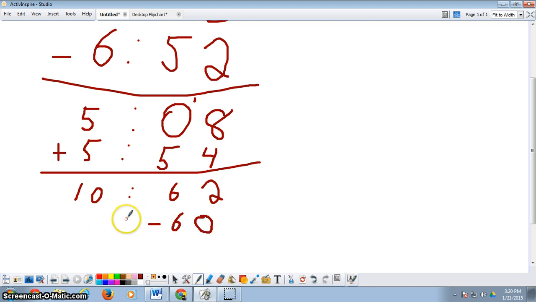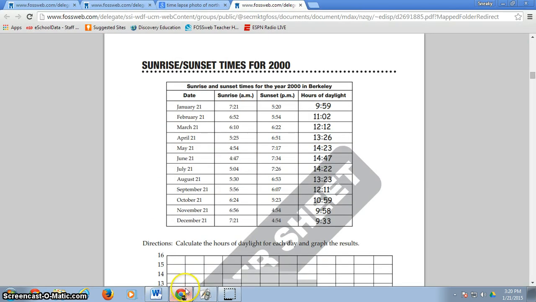If we're going to subtract an hour from the minute side, then we need to add that hour back to the hour side. So whatever we do to one side to get our answer in the right form, we need to do the opposite to the other side. So that will give us 11 hours and 2 minutes. And if we go back and check our answer, okay, we see our answer here of 11 hours and 2 minutes.